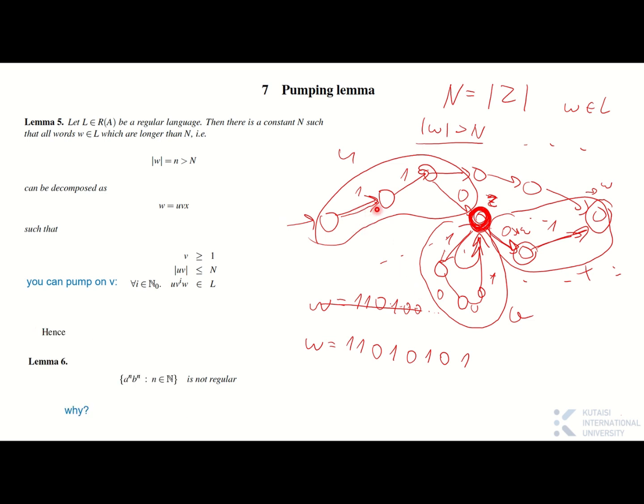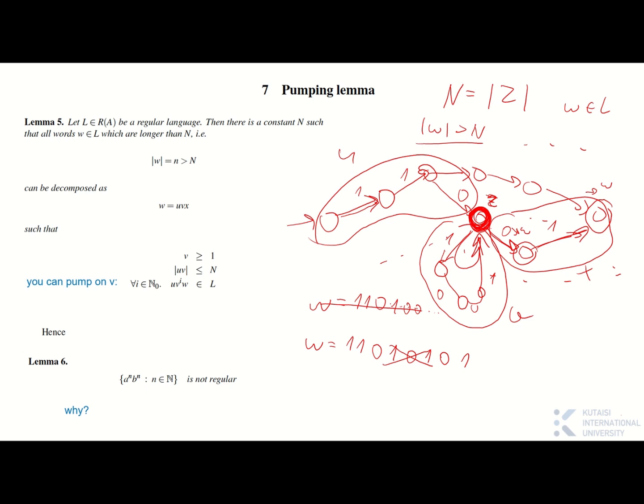So you go 1, 1, 0, 1, 0, 1, 0, 1, and you accept it, right? This was your W. But I can completely skip the middle part. I can completely skip this 1, 0, 1 part. So if I completely skip this part and I go 1, 1, 0, 0, 1, I will also accept.